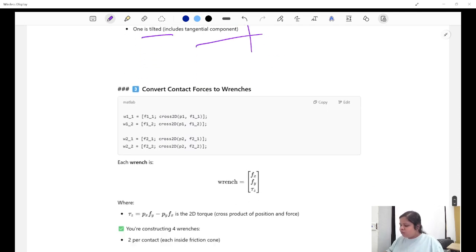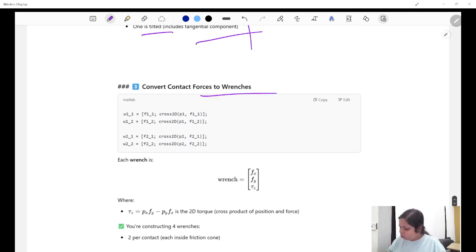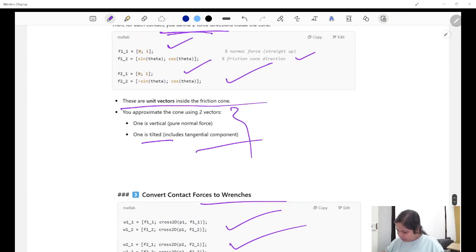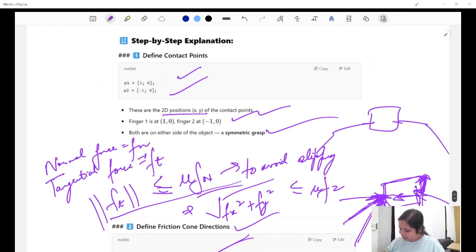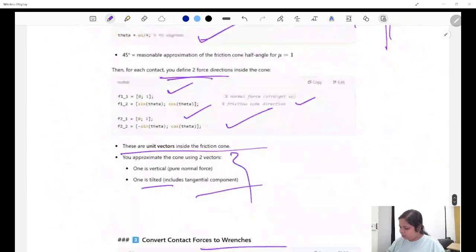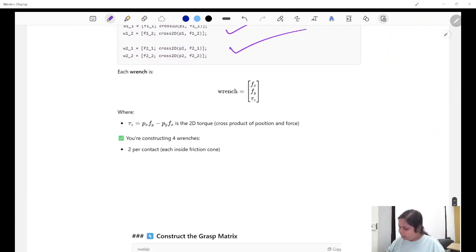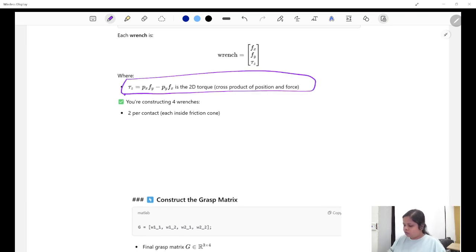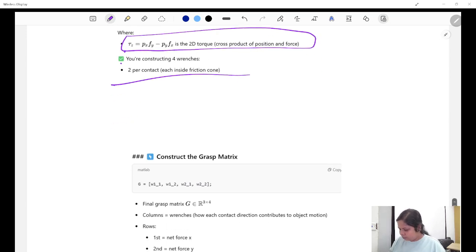Okay. Then what we do is we convert the contact forces to wrenches, by multiplying with the vectors P1 and P2 that we had defined here. These are being converted to wrenches. After converting into wrenches, we get basically the torque of this form, position into force. Then we are constructing four wrenches.